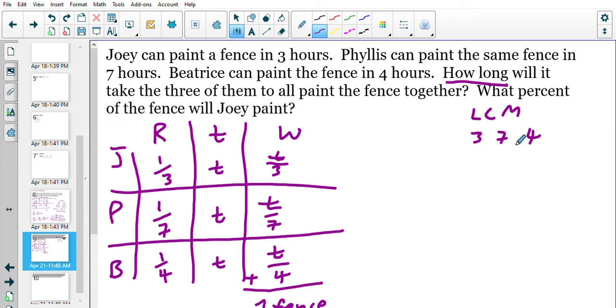They don't share anything in common. So in other words, their least common multiple is just going to be their product. 3 times 7 times 4, which if you do that in your calculator, is 84. So that's going to be the least common multiple. So let's just rewrite each of these with a denominator of 84.